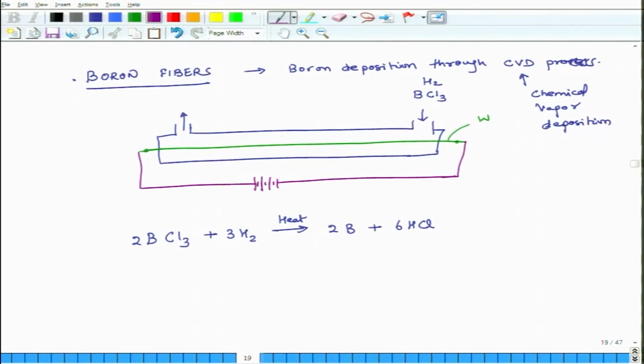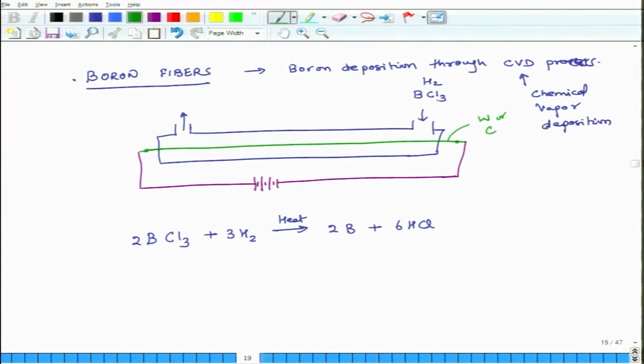At other places, because the temperature is not high, boron does not get generated, and slowly boron deposits over the core. So, the core has to be metallic. So, that is why either it is tungsten or it is carbon, graphite fiber.